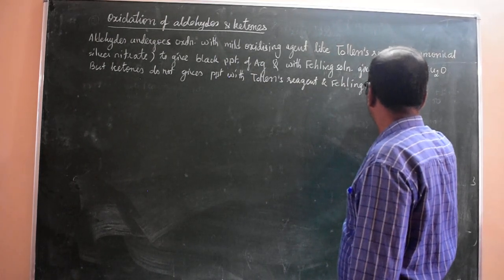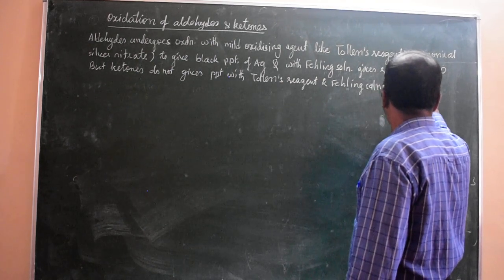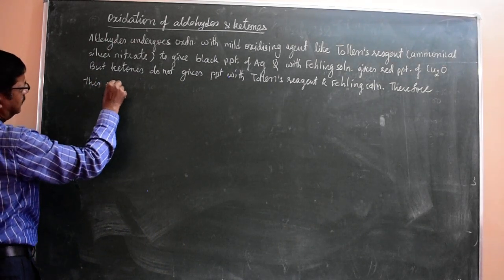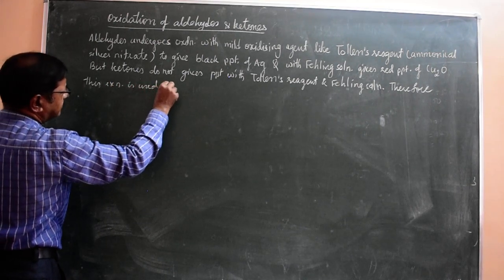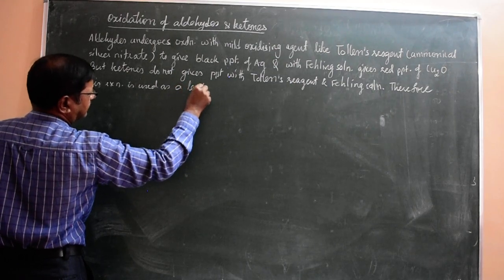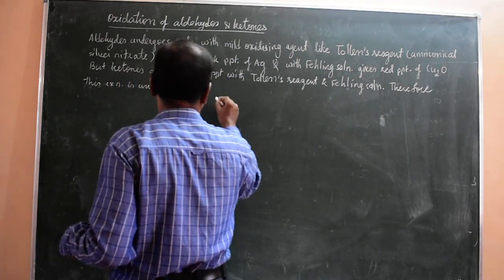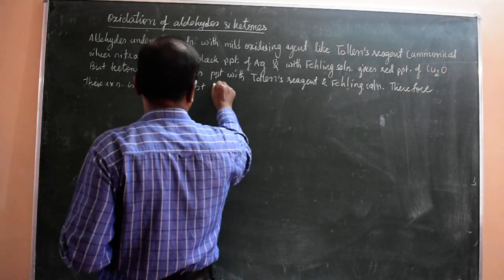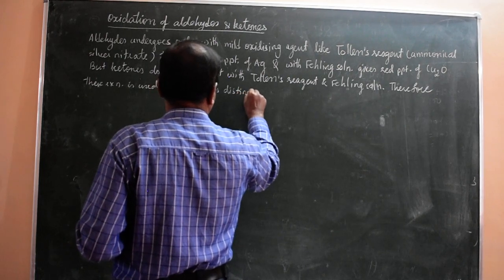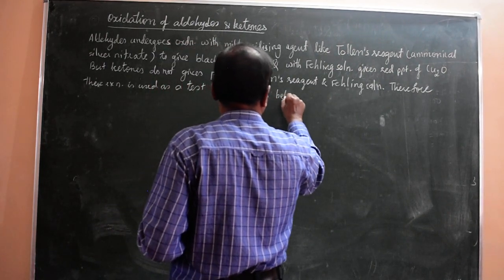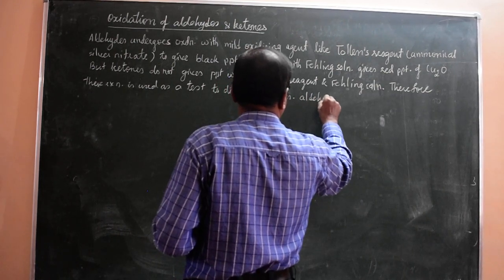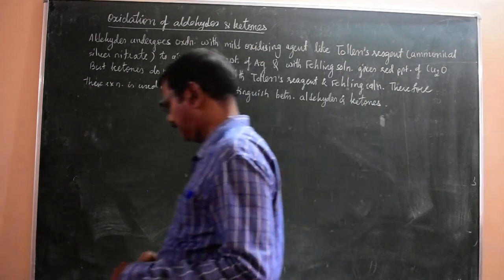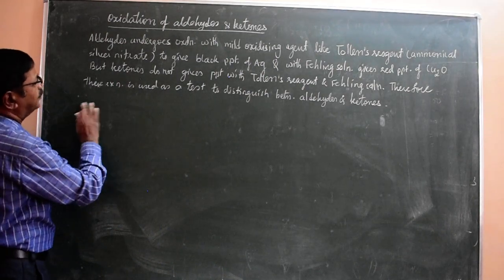Therefore, this reaction is used as a test to distinguish between aldehydes and ketones. Both reactions are used. So Tollens reagent, ammoniacal silver nitrate.